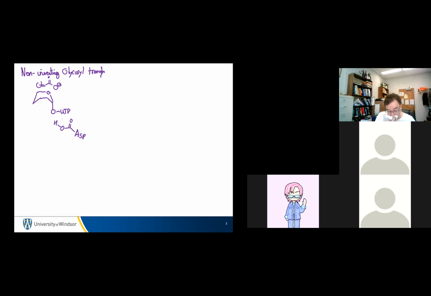Now, we want a non-inverting thing, so we want our sugar to come in alpha, but currently our alpha site's really, really hindered. So it makes sense that, again, we activate the UTP with the oxygen, but now in these enzymes, this glutamate residue is a whole lot closer to this site.